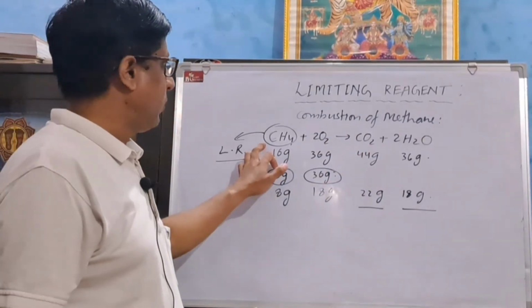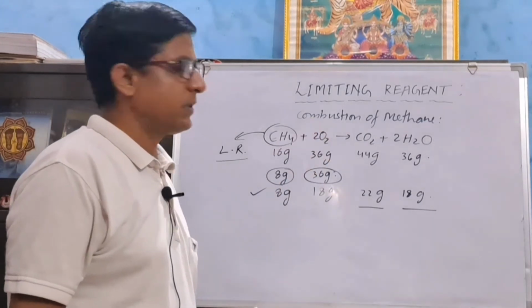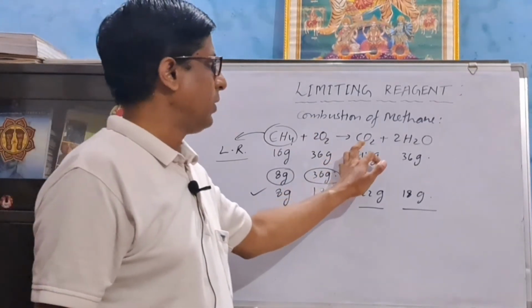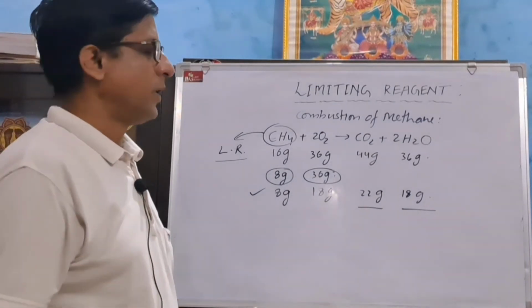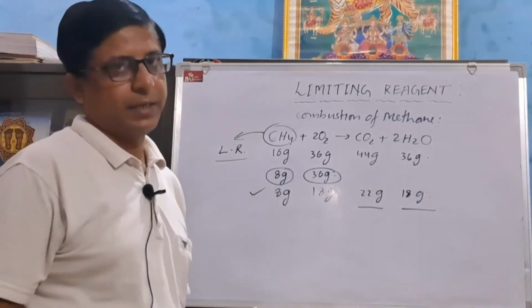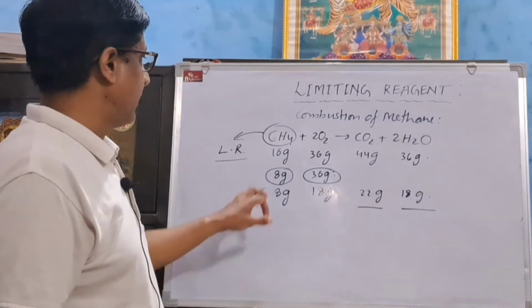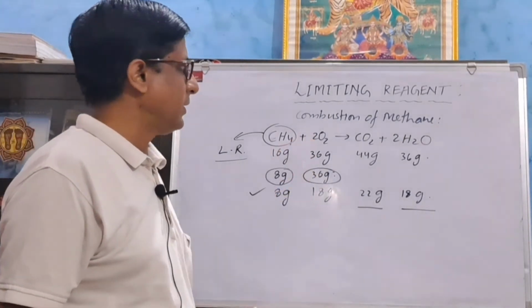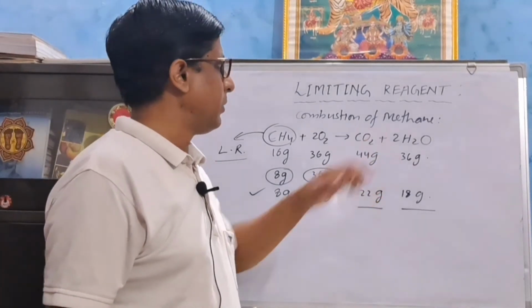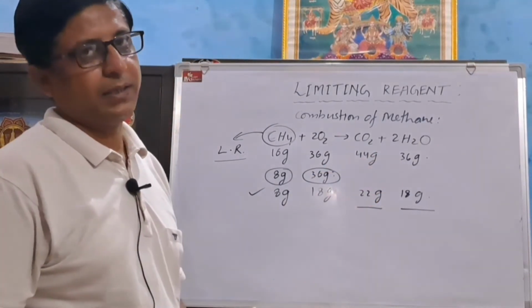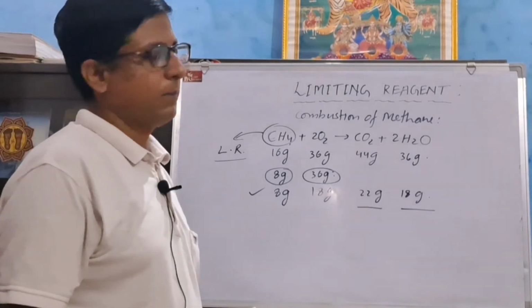Here 1 mole of methane reacts with 2 mole of oxygen to produce 1 mole of carbon dioxide and 2 moles of water vapor. From stoichiometric calculation, it is clear that 16 gram of methane reacts with 36 gram of oxygen to produce 44 gram of carbon dioxide and 36 gram of water vapor.